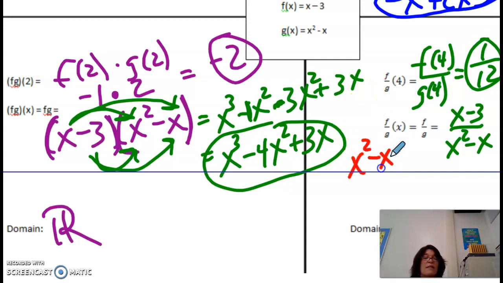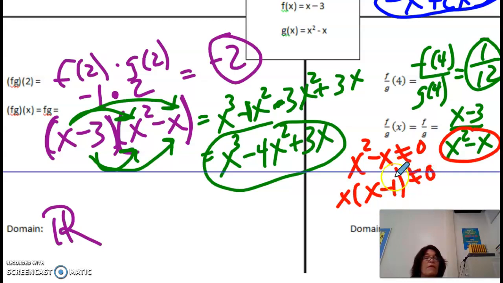So x squared minus x can't be 0. This denominator can't be 0. So let's factor that out. Okay, and then I realize this will be 0 when x is 0. x minus 1 is 0 when x is 1. So the domain is all reals except 0 and 1.